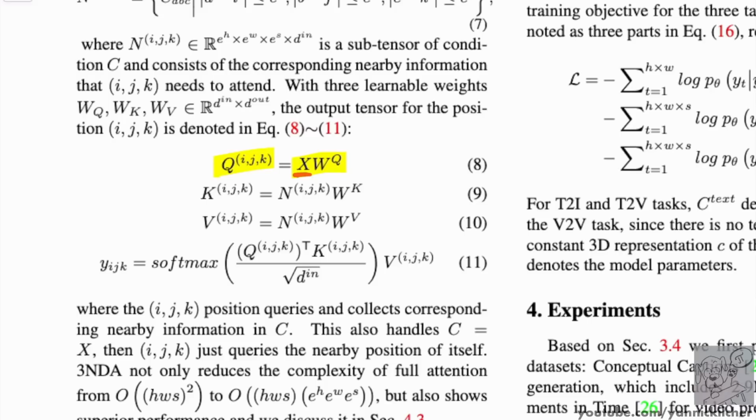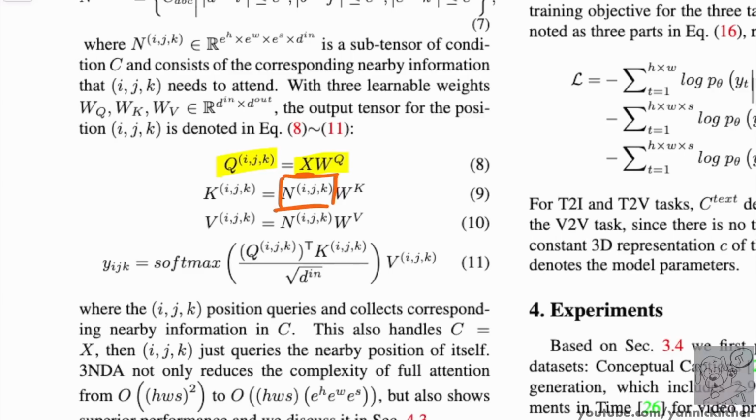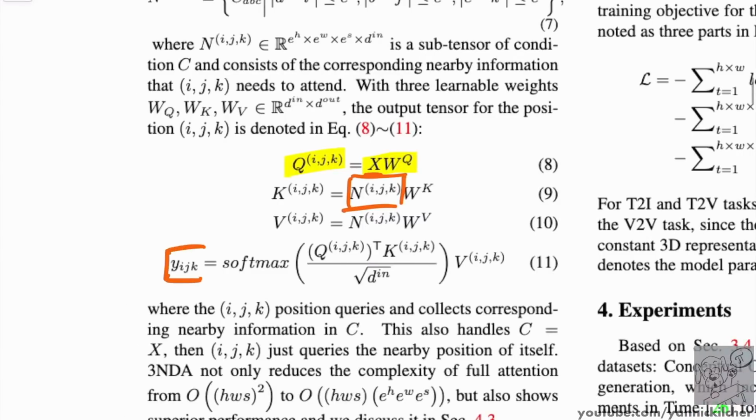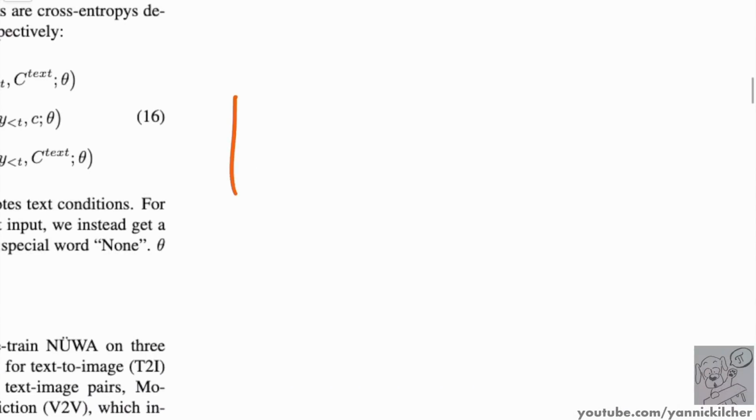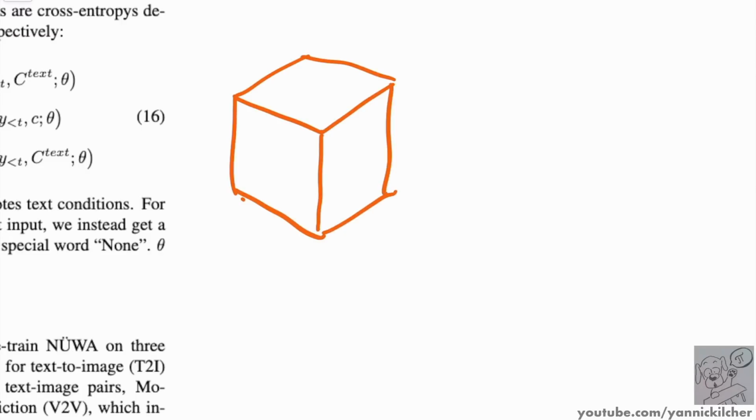However, for the keys and values, you define a local neighborhood. So now we care specifically about how I produce y at location ijk. You have to imagine we have this 3D representation, which is essentially a big cube. That cube's elements are these tokens, right?